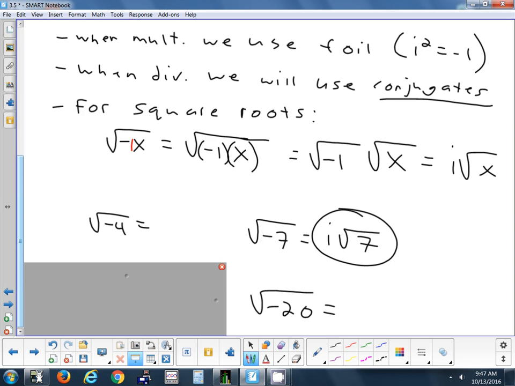Yep. 2i. Yeah. So you might be thinking, well, didn't he say the I goes in front? Why did we put the I after? Does anybody know why? I'm okay with putting the I after here, but I don't want you to put the I after it when you have a square root. We'll be able to see if it's inside or outside of the square root.